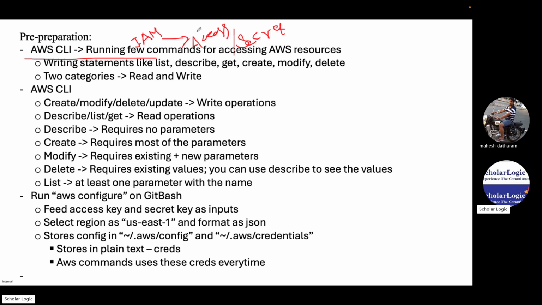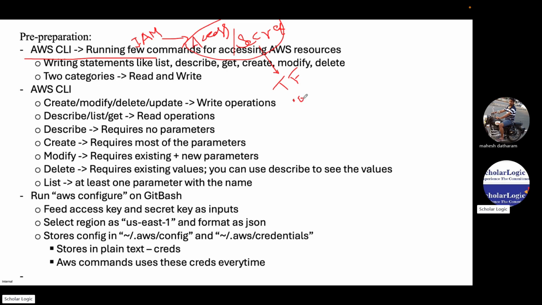The same set of credentials will be used for Terraform as well, because Terraform also relies on these credentials. So Terraform directly uses the configuration information stored in the dot AWS folder.